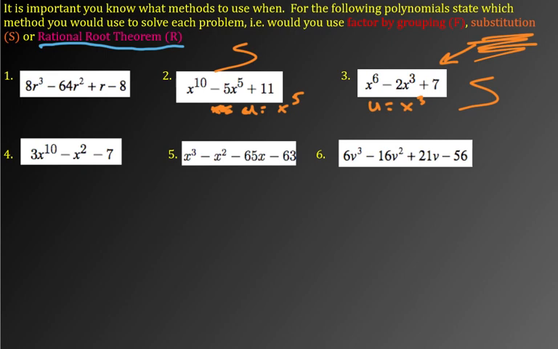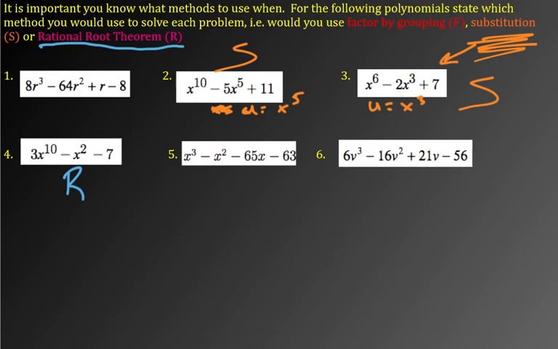If you're doing groups of 2, you could have an odd number of terms in total, like 2 groups of 3 or something, but you still need the same size in each group. Here you could do a group of 2 and a group of 1, but that doesn't make sense. So this one is definitely rational root theorem. It's a guess-and-check kind of problem.